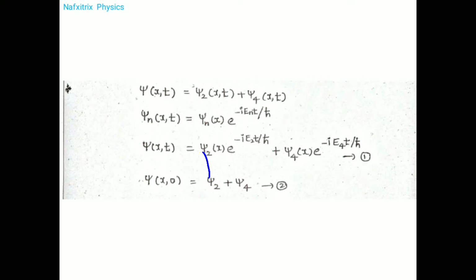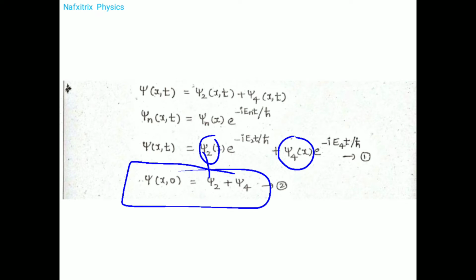Anything power 0 is 1. So only xi2 would remain here. Here also xi4 would remain, and e power 0 is nothing but 1. So finally we get xi of x comma 0 is also xi2 plus xi4.